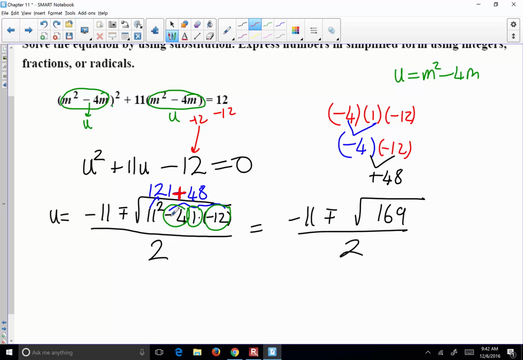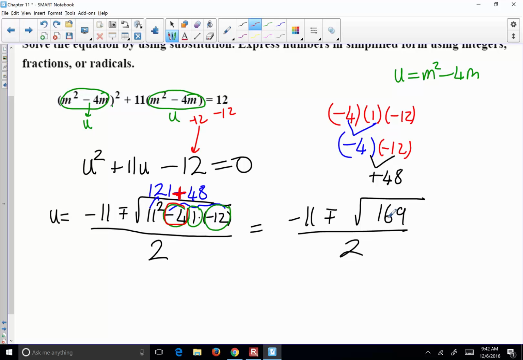So again, if you multiply these three numbers with this minus sign, you no longer need to subtract. Whatever result you get, you put it with that sign. If you get a minus here, it's going to become minus, of course, but I got positive. So 121 plus 48 makes 169.